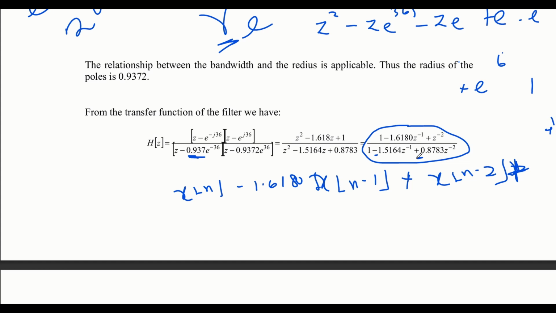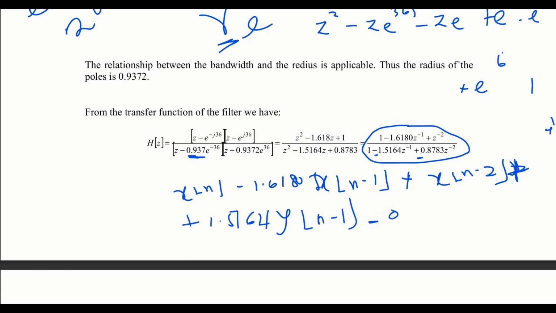Honestly, I don't like using this procedure because you may easily make mistakes. The reverse procedure, where you write it as a full transfer function and make change of subject, is better, but let's write it. So this one will give you positive, so plus 1.5164 y of n minus 1, plus, here is supposed to be minus, right?